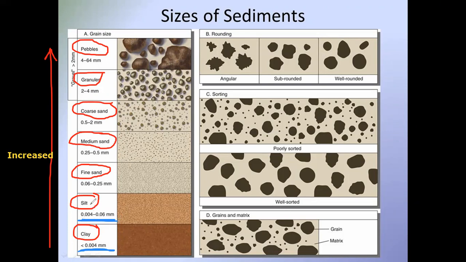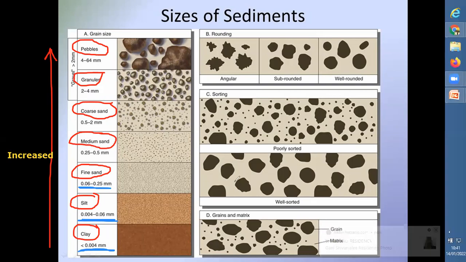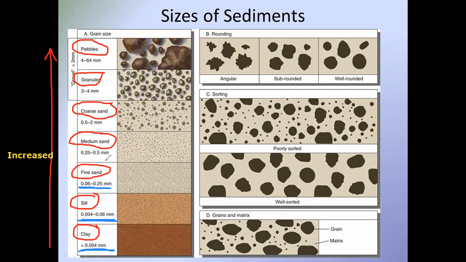The diameter of the silt size particles is 0.004 to 0.06 mm. After the silt, the fine sand particles are there, having the size 0.06 to 0.25 mm. This is the diameter of the fine sand particles.